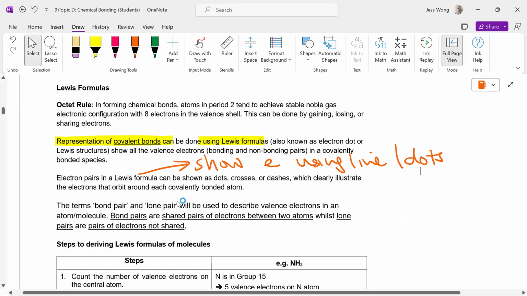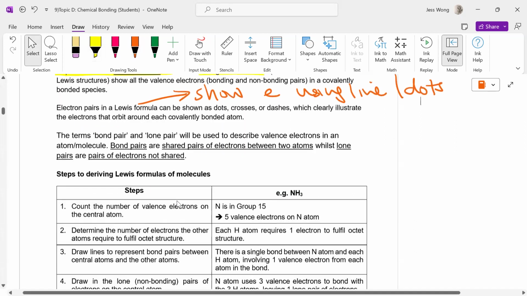Okay? As we draw our Lewis structure, there are two terms to describe the electrons, mainly bond pair and lone pair. Bond pairs are the electrons used for sharing between the two atoms, while lone pairs are electrons not participating in the bonding, so they are not being shared.